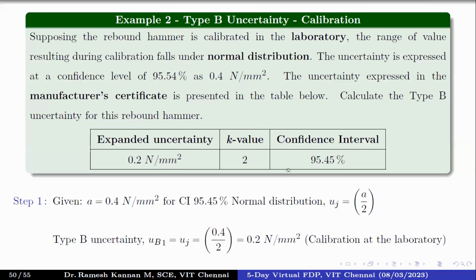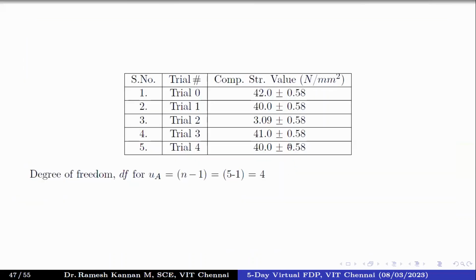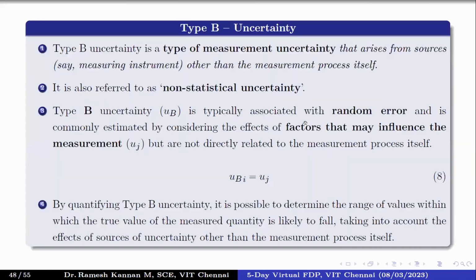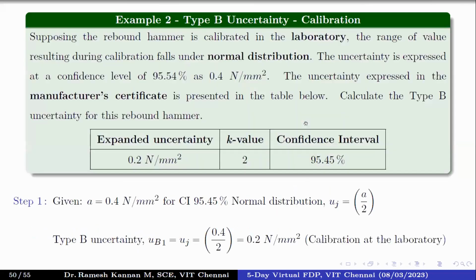Which means that not only the experimental uncertainty, I need to consider that the equipment itself is giving me an uncertainty of 0.2. When the equipment gives me 38.2 Newton per millimeter square, it is 38, so it is giving me 0.2 extra. So that should be noted down when you do a calibration or this testing.